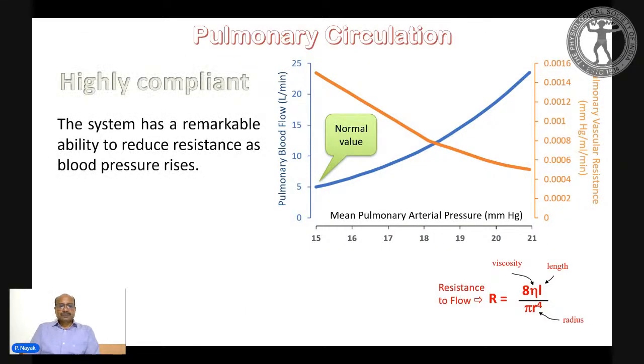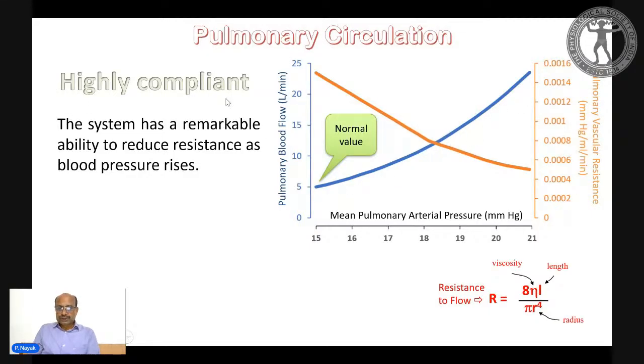As we have mentioned, it is highly compliant. The system has a remarkable ability to reduce the resistance as the blood pressure rises. If mean arterial pressure is rising, the pulmonary vascular resistance is decreasing, causing an increase in pulmonary blood flow.